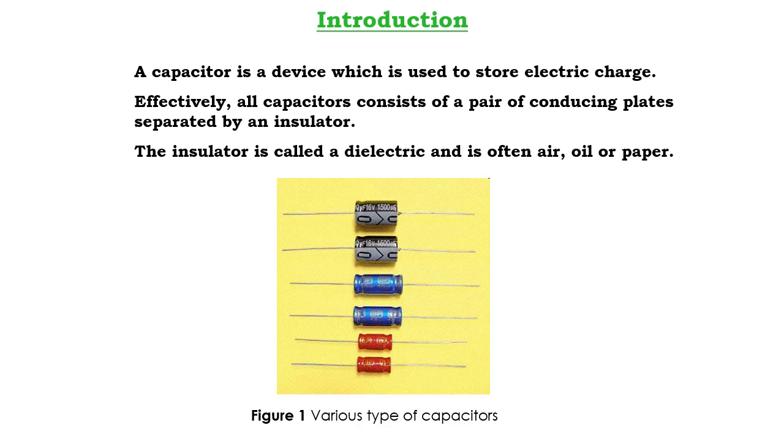It consists of a pair of conducting plates separated by an insulator, and the insulator is called a dielectric, often like air, oil, or paper. All these are types of insulator inside the capacitor.